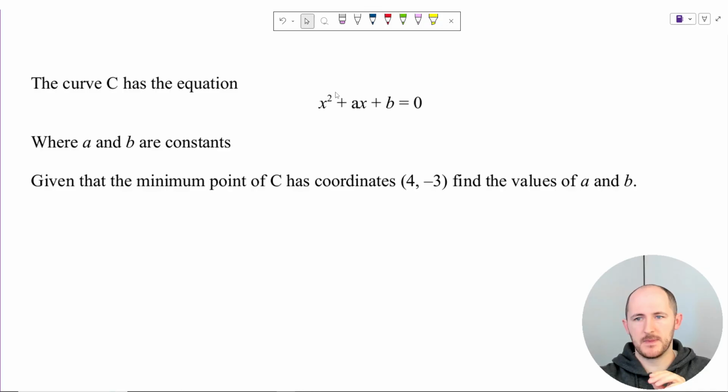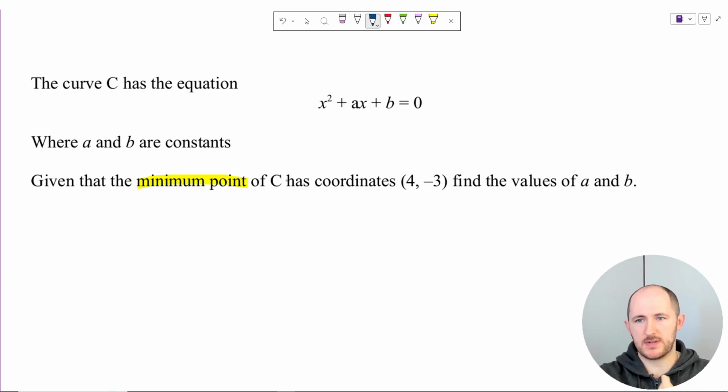Well, here, we get a quadratic and we don't know what a is or b. And it says, given that the minimum point of C has coordinates 4, minus 3, find the values of a and b. And they love to do this in exams. They don't want you just working forwards, they also want you working backwards. If they give you the minimum point of a quadratic, you can always use completing the square form.